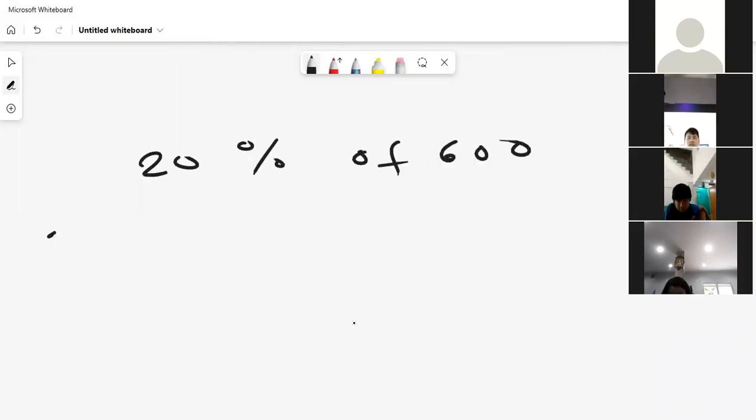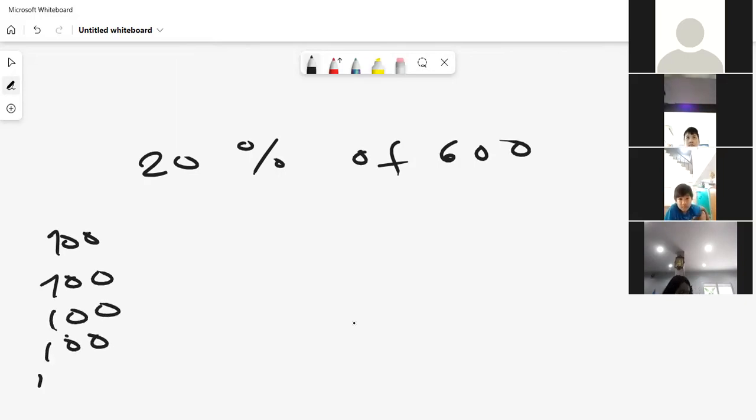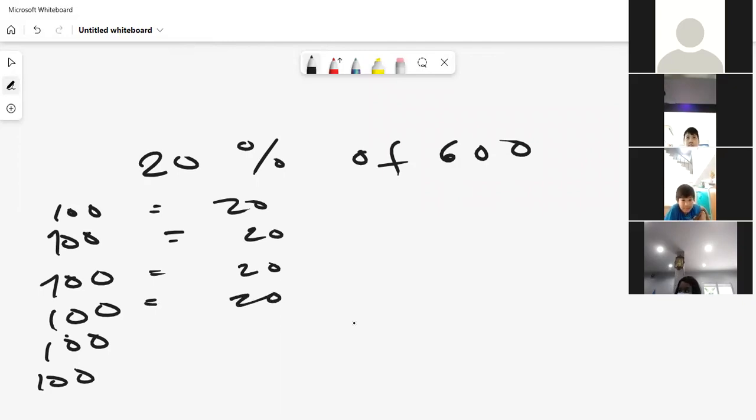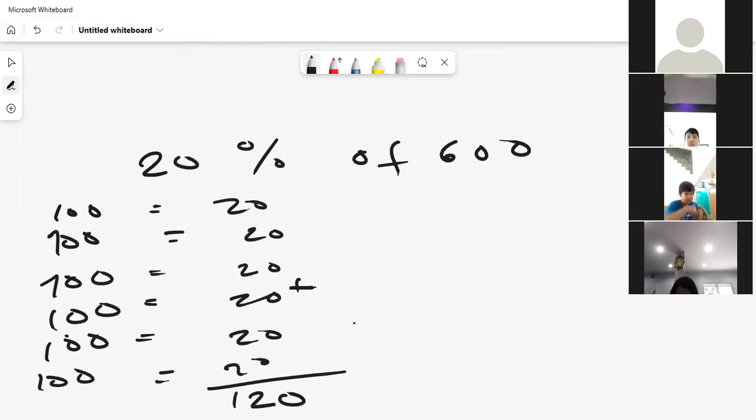You will write 100 six times, very long. Each one is equal to 20. You add everything: 2, 4, 6, 8, 10, 12, so 120. So this is very long.